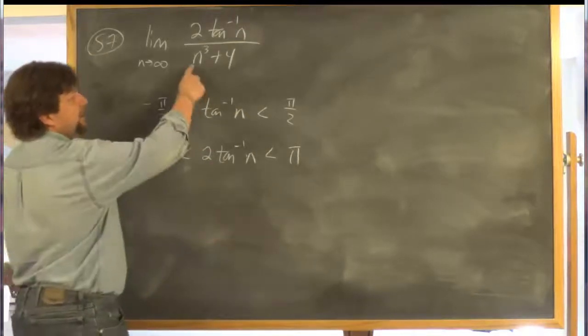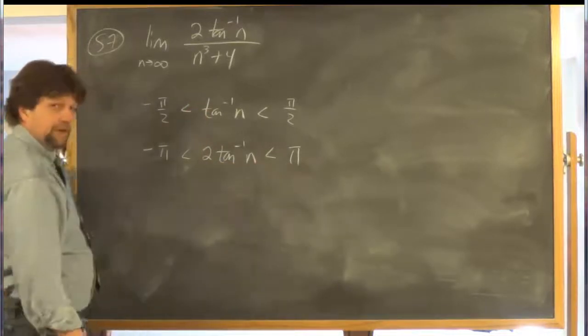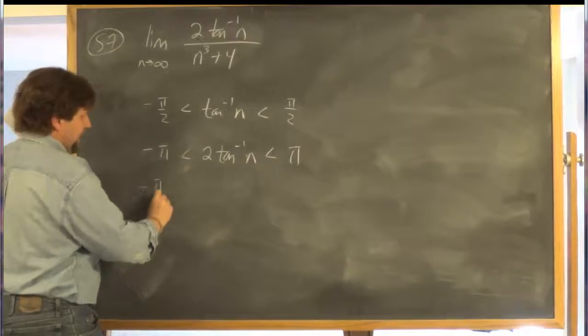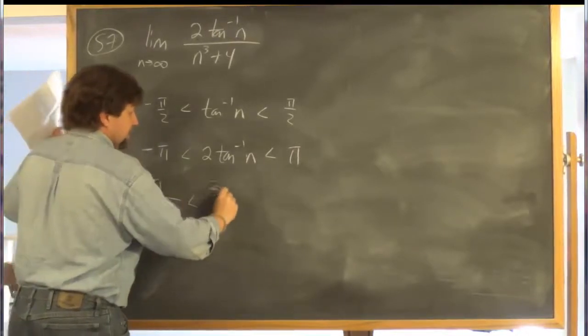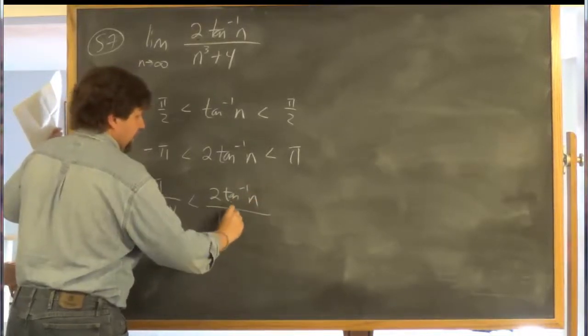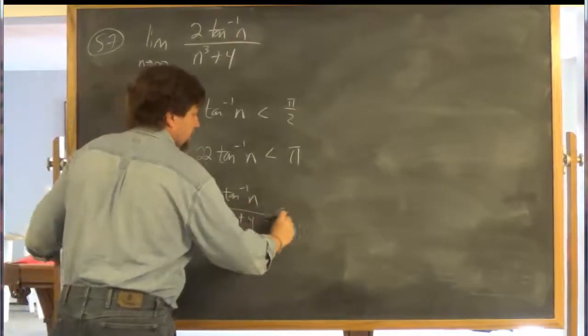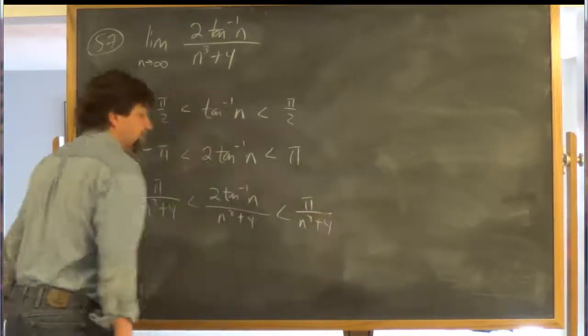Well, next, this n cubed plus 4, I can divide each piece by n cubed plus 4 to get negative pi over n cubed plus 4 is less than 2 inverse tangent of n divided by n cubed plus 4 is less than pi divided by n cubed plus 4.